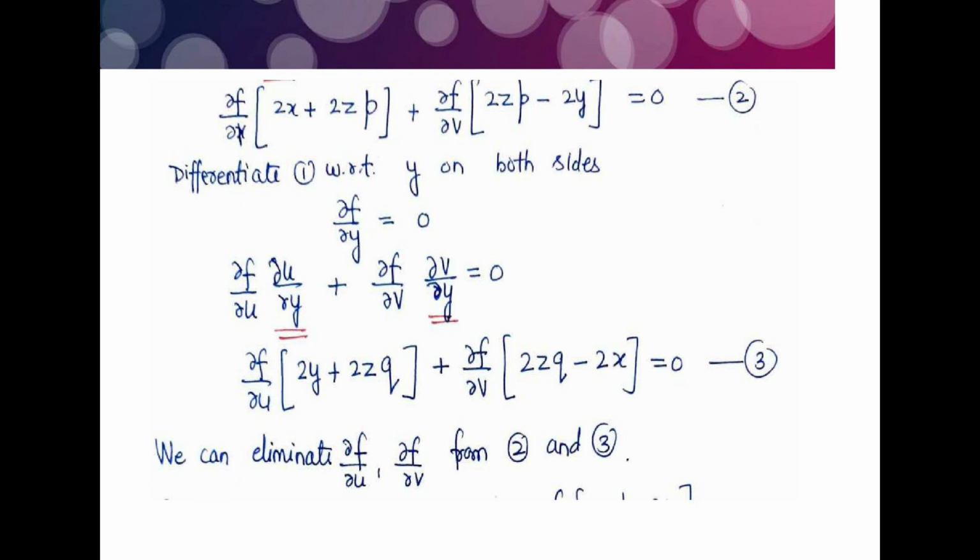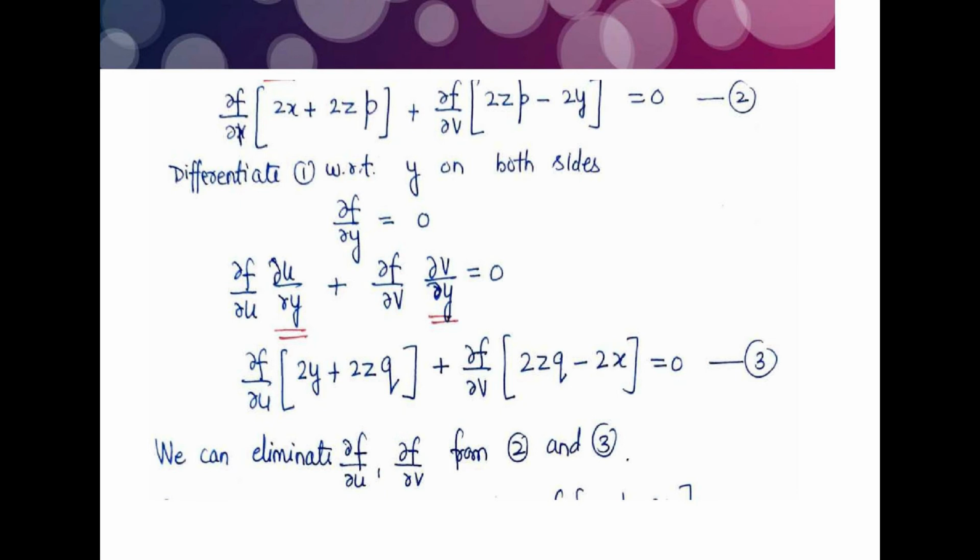Use the formula of u and v and put the values. So we have finally equation number 3, partial derivative of f with respect to u into 2y plus 2zq plus partial derivative of f with respect to v into 2zq minus 2x equal to 0.